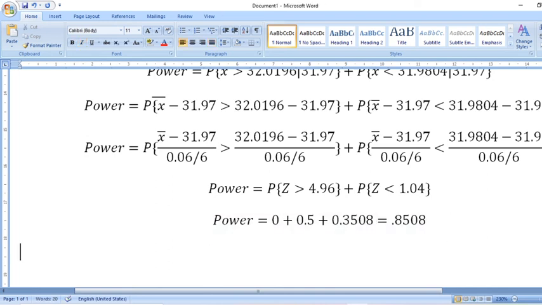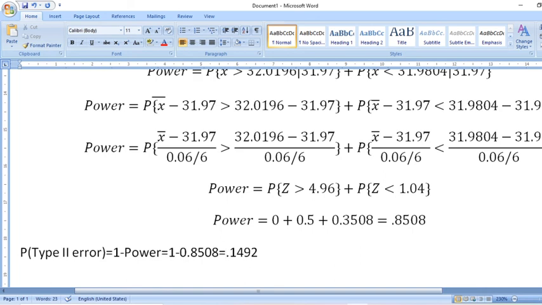Now what will be the probability of type 2 error? It is equal to 1 minus power. That is equal to 1 minus 0.8508, which is 0.1492.